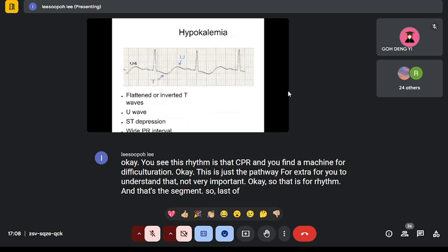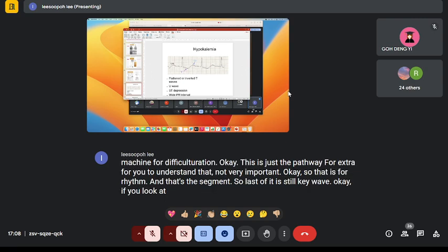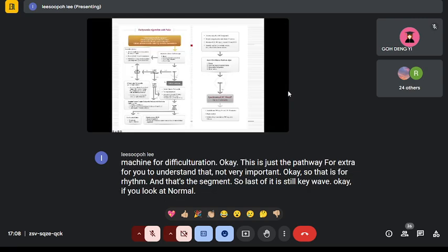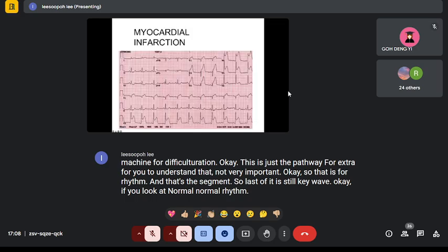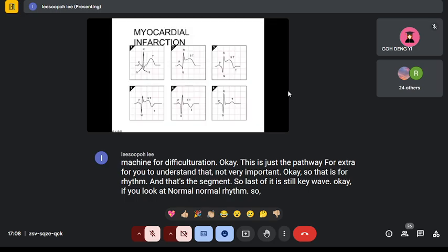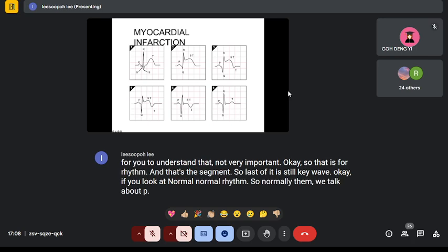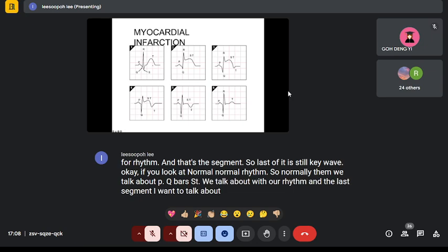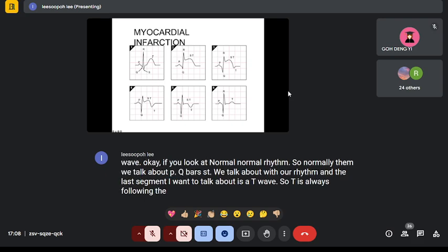So last of it is the T wave. If you look at a normal rhythm, we talk about P, QRS, ST. We talk about rhythm, and the last segment I want to talk about is the T wave. T is always following the QRS complex.